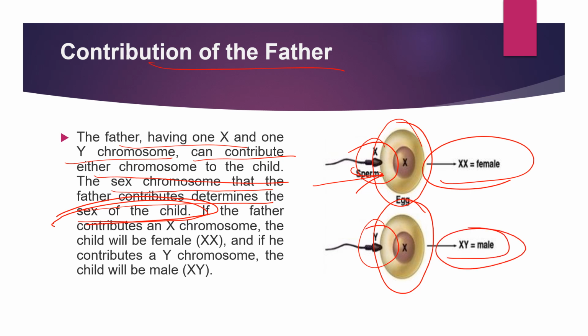In our society, we keep telling that the mother is responsible when two or three or four or five girl children are born. But it is not her fault, it is neither of the parents' fault. It is actually the genetic composition, the chromosome, that is the factor determining the sex of the baby. That baby will either be male or female.